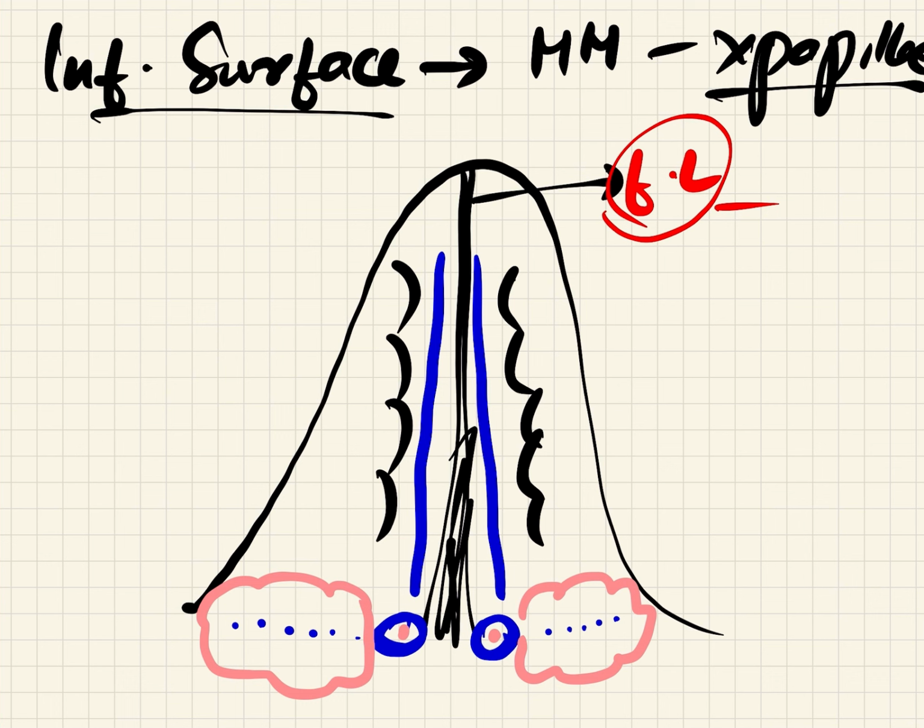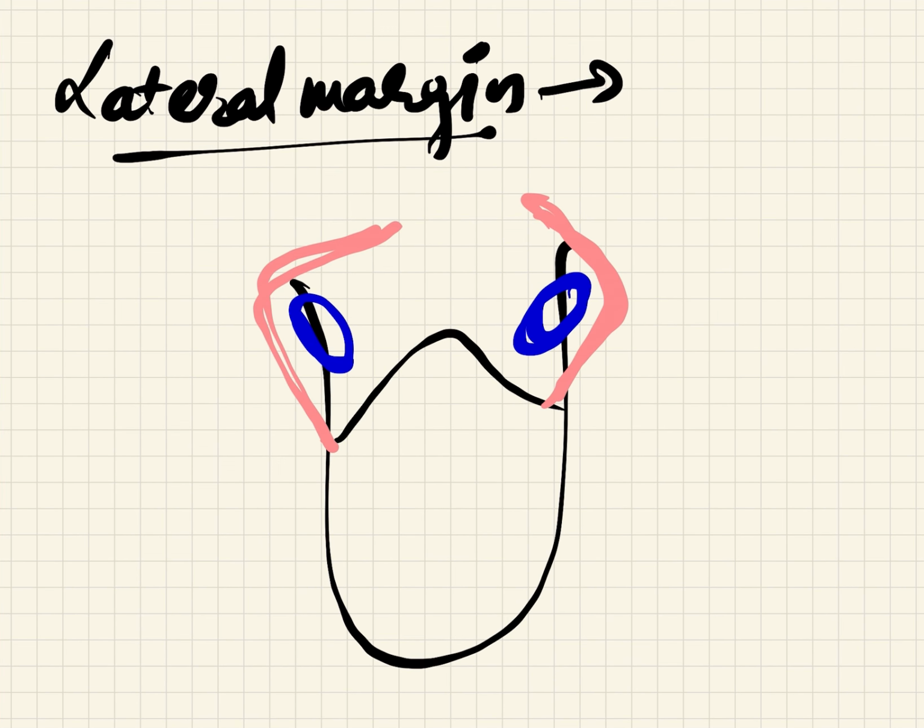What was that? The tongue tie, ankyloglossia, shortness of the frenulum lingua that leads to the disturbance in the speech. And finally, the lateral margin, where you can find at the junction of the anterior to the posterior one-third the palatoglossal arch, in which you find the palatine tonsil. Okay guys, this is all we have talked about in this video.